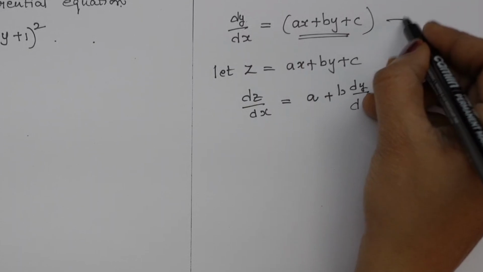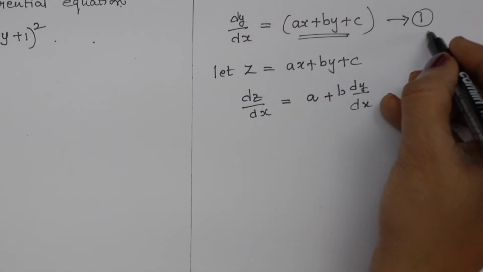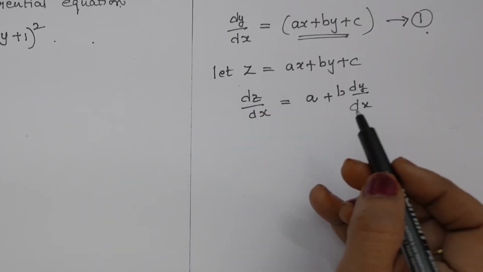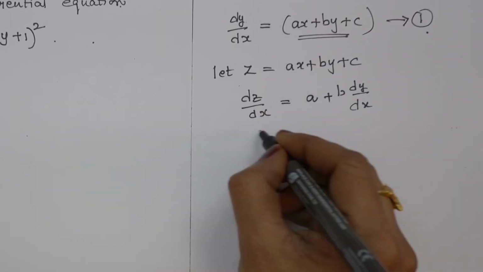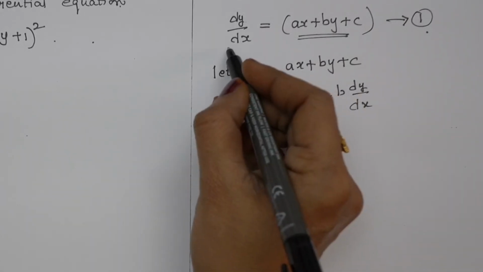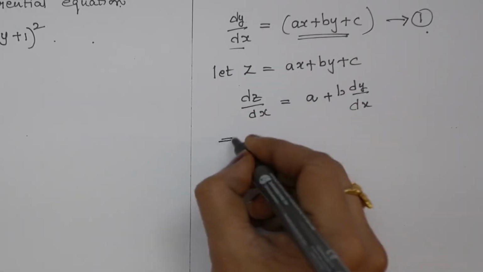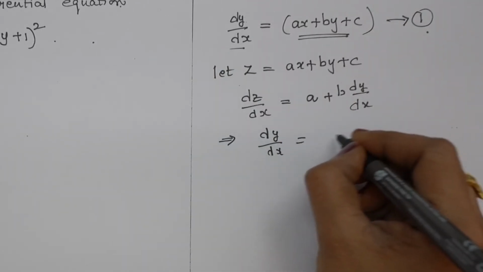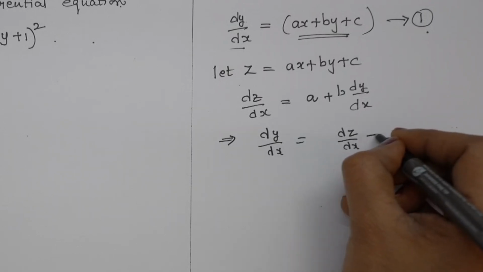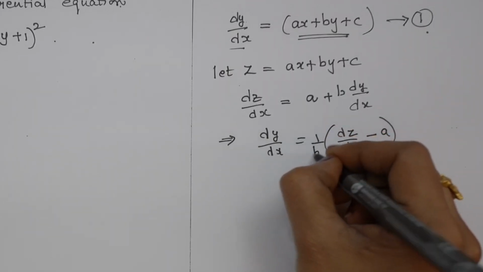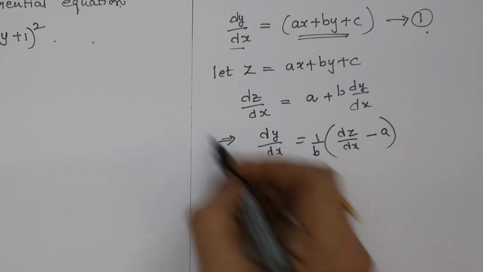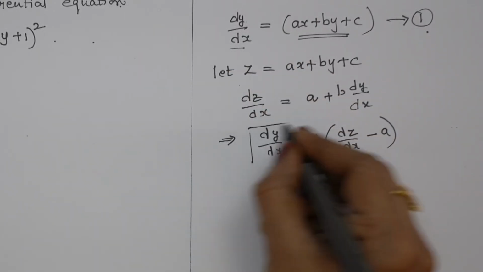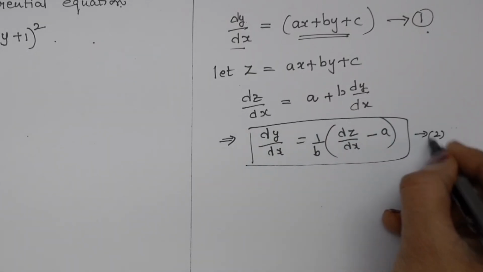Suppose we consider this equation as equation 1, we are converting this equation in terms of z. How? Look, dz is equal to this one, but we have in equation 1 dy by dx. So from this, how can we write dy by dx? I can write it as 1 by b into dz by dx minus a. So I can substitute this equation, let it be equation 2.